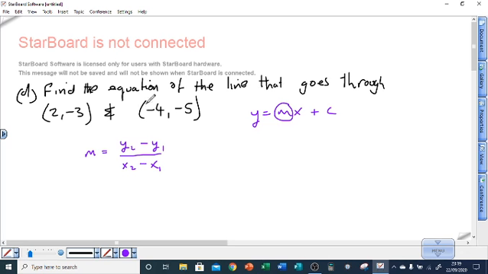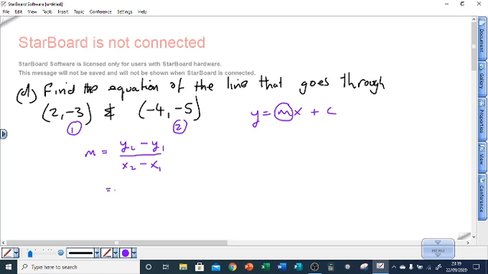Okay, and it doesn't matter which one I call 1 and which one I call 2. So that's the x value for 1, x1. That's the y value for 1, y1. That's the x value for 2, so x2, y2.